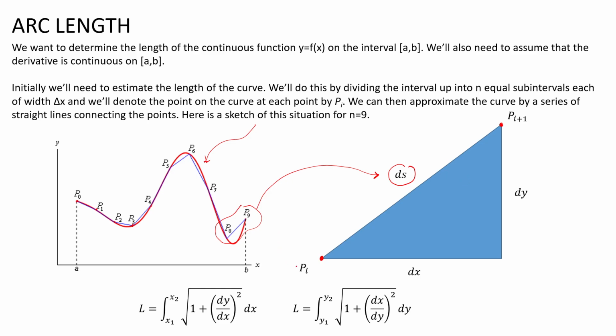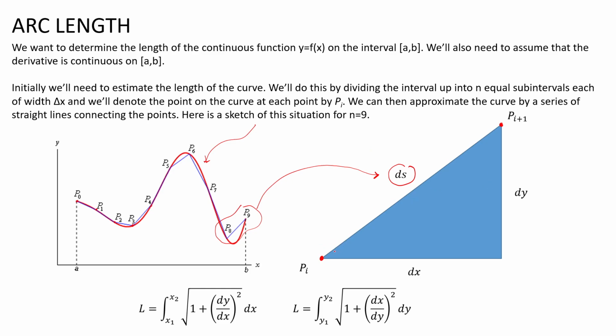Again, that's why it's P sub i and P sub i plus 1, because it may represent any line segment or representative line segment in the given figure. If we're trying to determine the distance or the length of this differential segment, we can use the concept of the Pythagorean theorem.